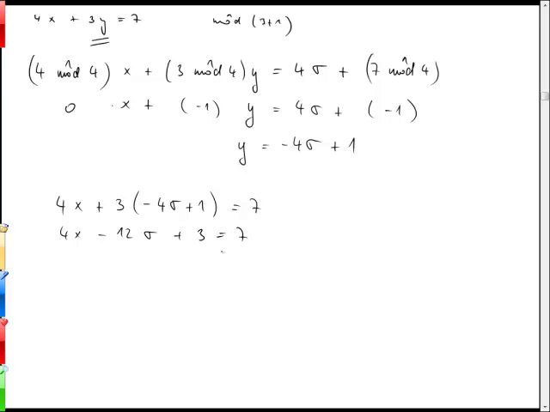So 4x minus 12 sigma equals 4. I can divide by 4. This is always the case at the end. So I have x minus sigma equals 1, or x equals sigma plus 1. And if you compare it now to the first equation, then you see that the coefficients are reduced.